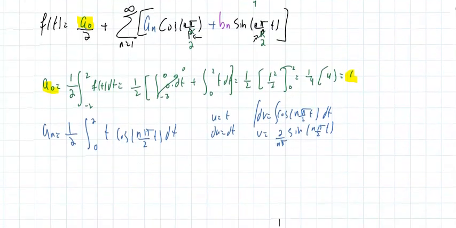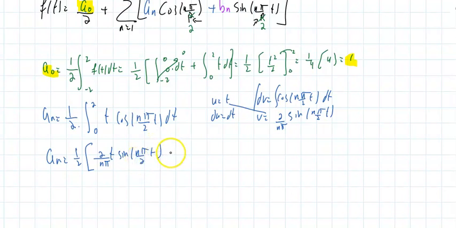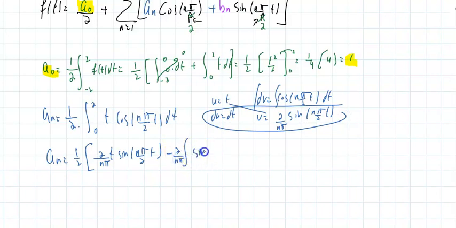So this is going to equal 1/2 times u times v, 2 over n pi t, the sine of n pi over 2 t, minus the integral of v du, 2 over n pi is right there, the sine of n pi over 2 t dt.